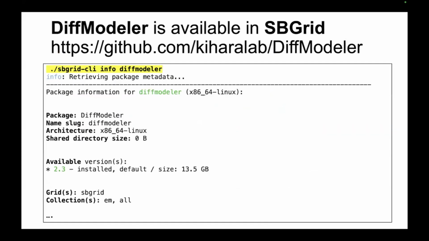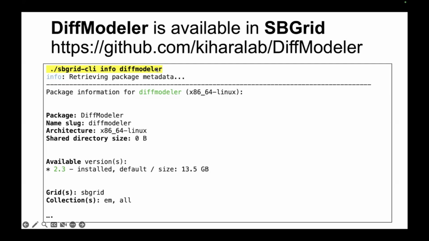Okay. Then, how can we use DiffModeler in the SBGrid? The DiffModeler code is also available on GitHub, but on SBGrid, you can easily use these programs. First, if you have the SBGrid command line CLI, please type this command, sbgrid-cli info diffmodeler.